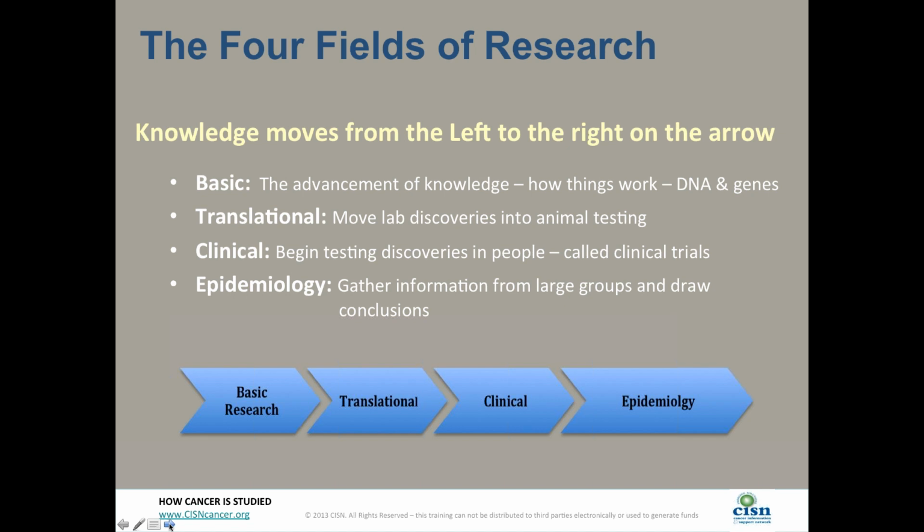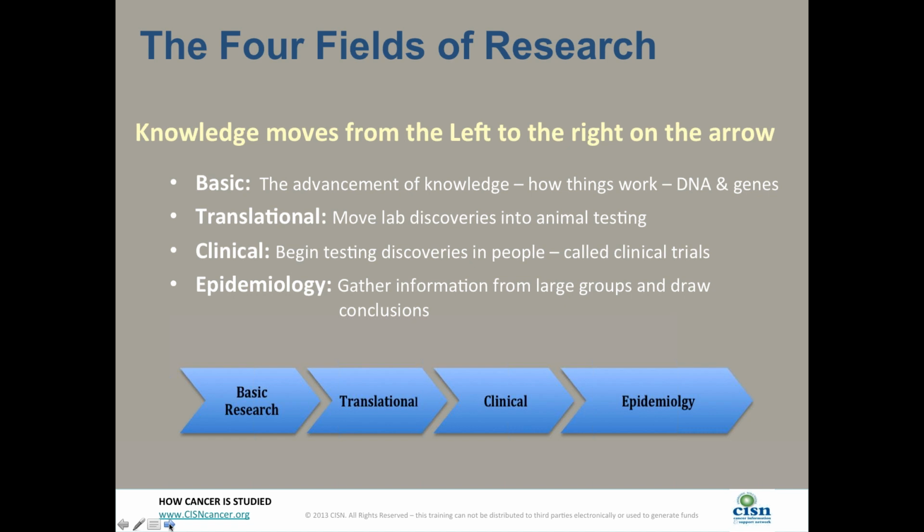And sometimes something pops up and they go, whoa, that may play a role. And so they move it further and they take that idea and bring it into the translational realm. As that idea gets built on and more knowledge is discovered around it, they can actually start testing the idea in lab animals, and it's usually mice.